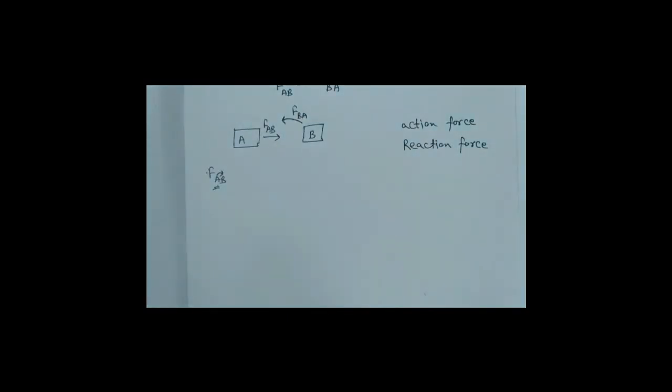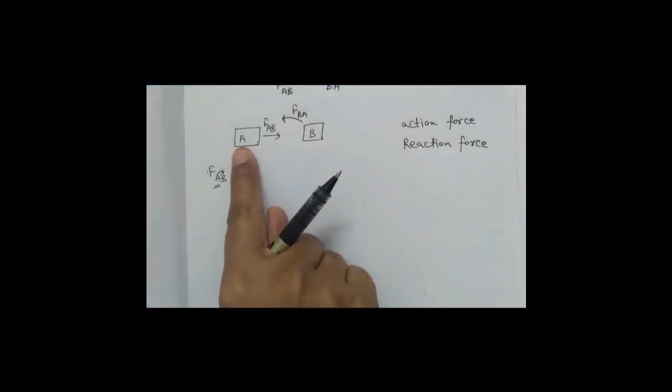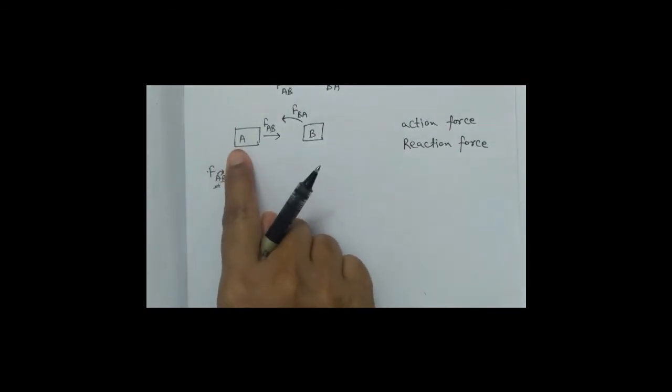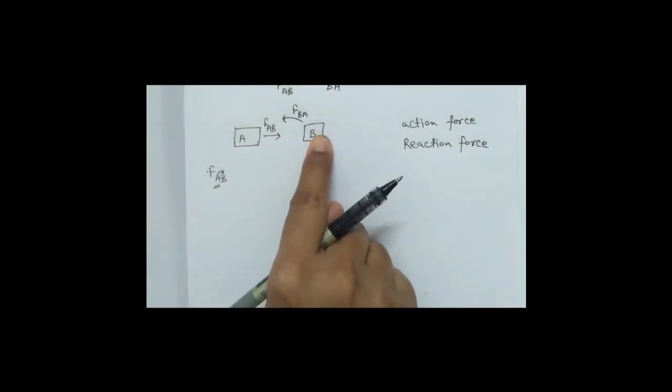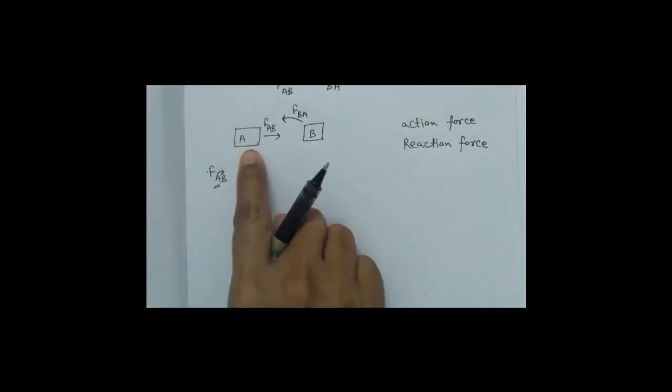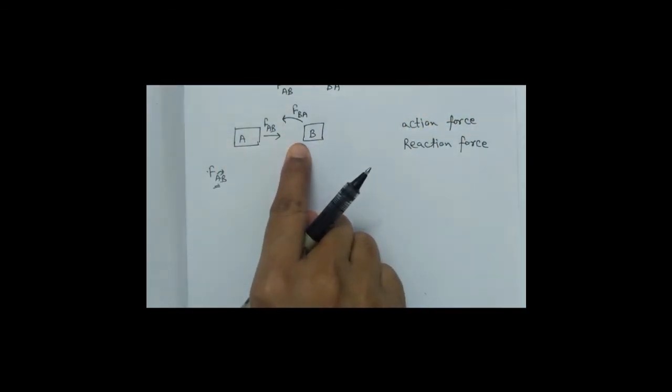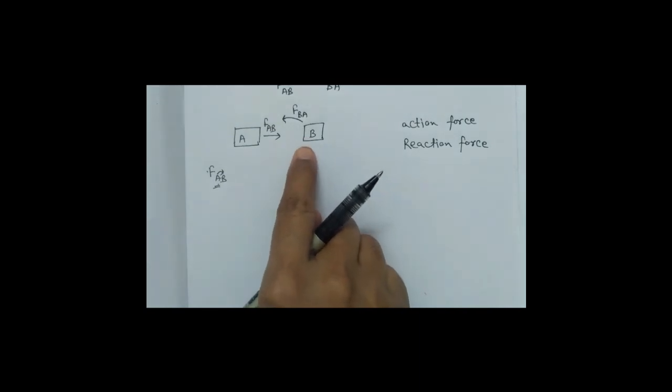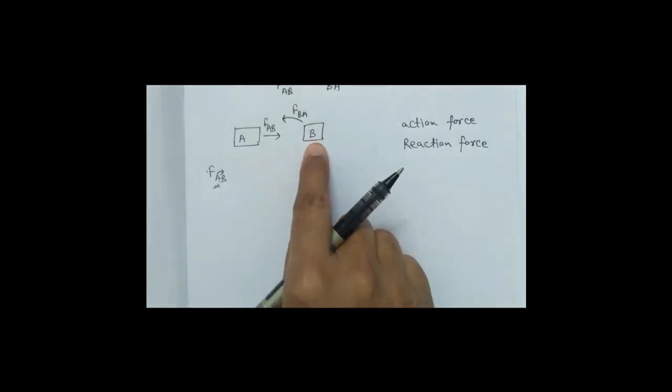That means if object A has exerted a certain amount of force on B, object A has done a certain action force towards object B. So what did object B do?